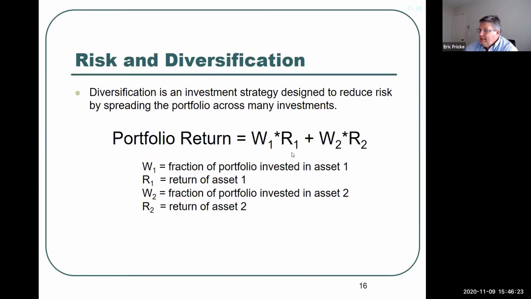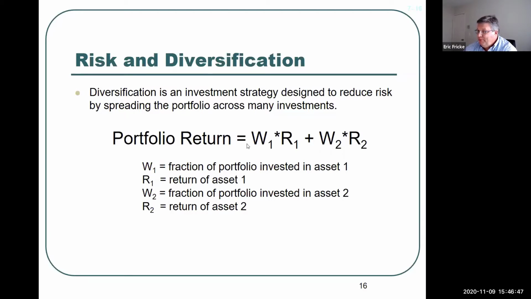R1 is the return of asset or stock one. W2 is the percent of your portfolio invested in stock two, and R2 is the return on stock two. So your overall portfolio return is a weighted average of all the individual returns of the stocks you're invested in.